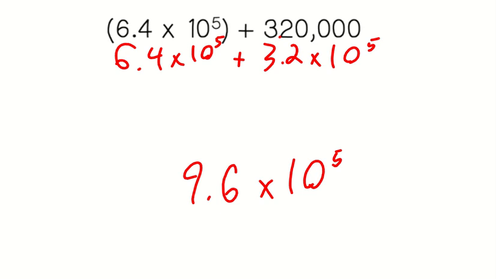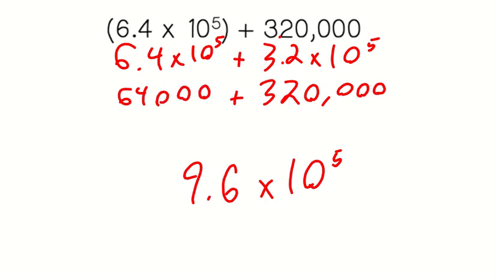Other way, 1,000. When I change that, I got a 6, a 4. I'm going to need 4 more digits after that decimal. So I'm going to add on 4 zeros. So that's 640,000.